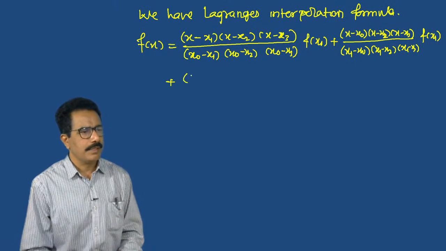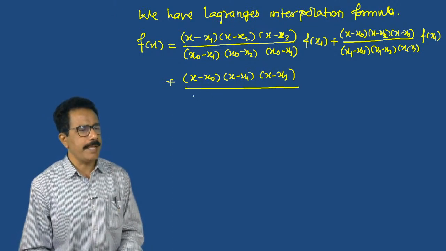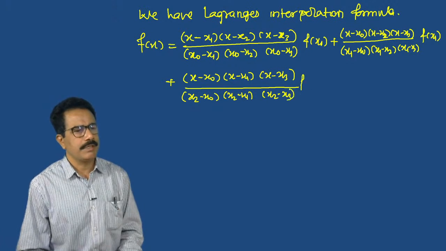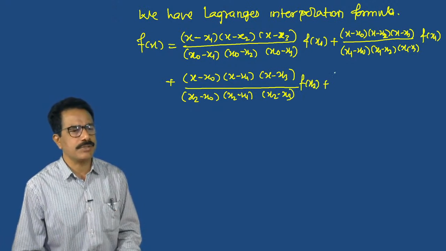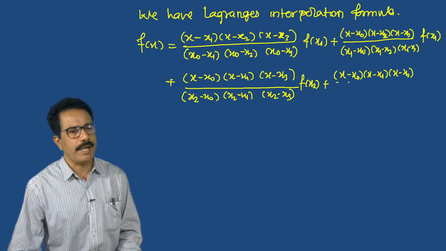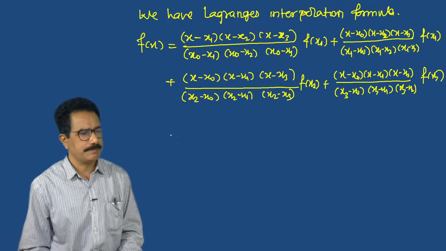Plus x minus x0, x minus x1, x minus x3 divided by x2 minus x0, x2 minus x1, x2 minus x3, f of x2. And the last value is x minus x0, x minus x1, x minus x2 divided by x3 minus x0, x3 minus x1, x3 minus x2, f of x3.